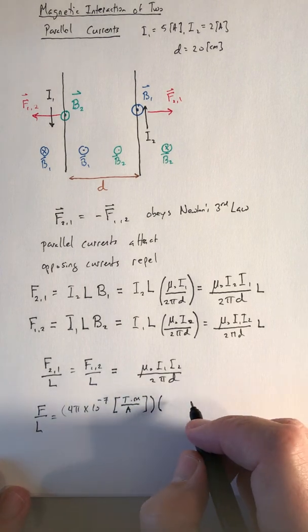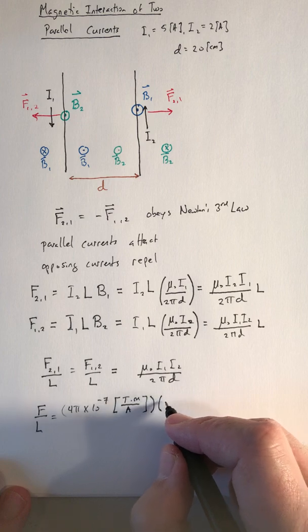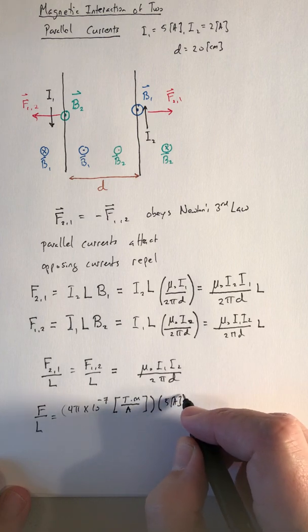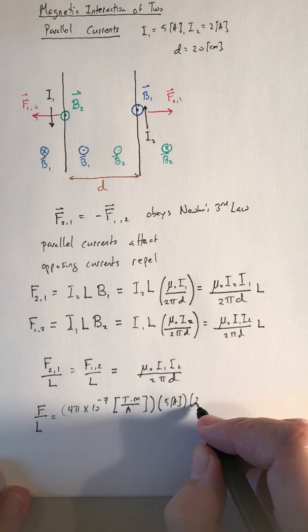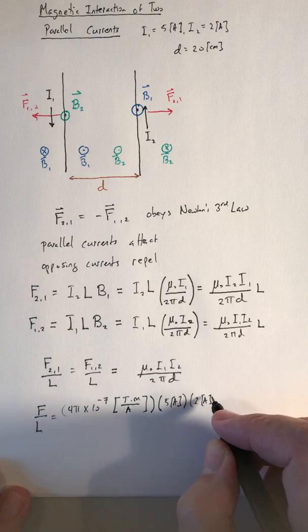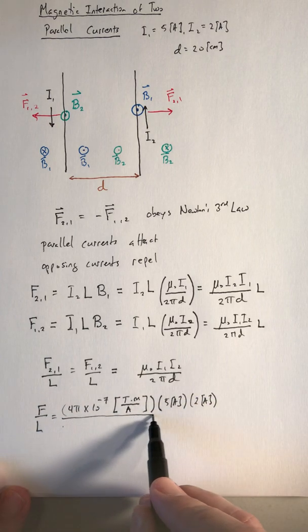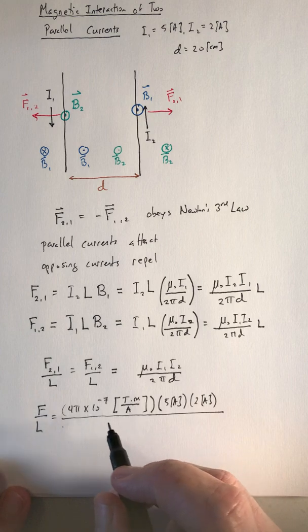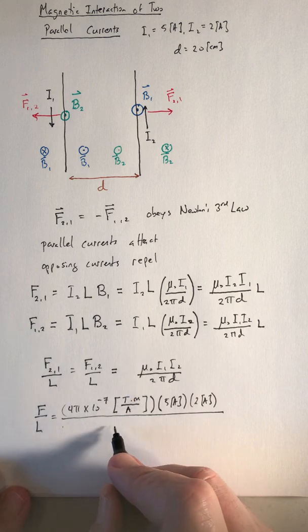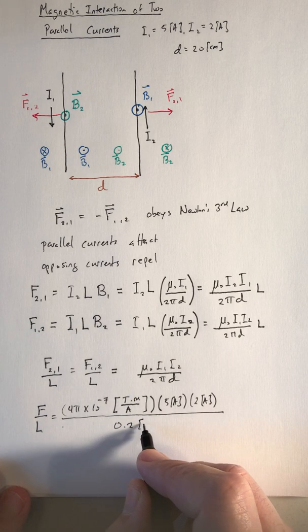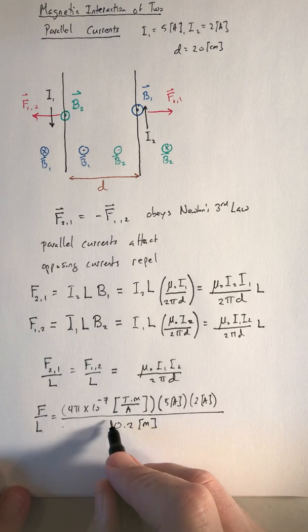I've got I1 is 5 amps, I2 is 2 amps, and we've got 0.2 meters.